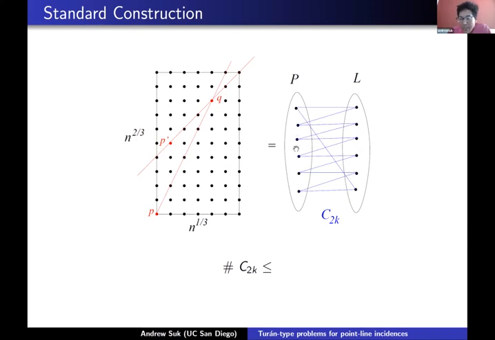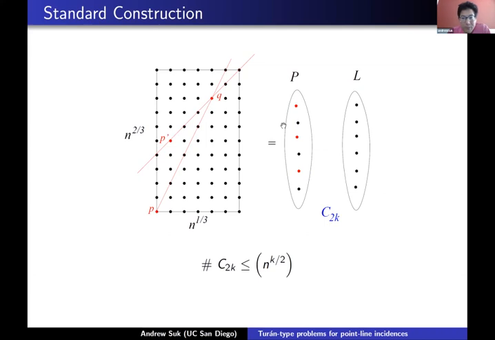On the left side, for these k vertices, if we just assume k is even, there are n to the k over 2 ways of fixing every other vertex here. And then if I look at two of these vertices, let's say p and p prime, how many choices do I have for this middle vertex q that has the property that there's a line going through P and Q and P prime and Q? Well, this is precisely that key lemma, that the number of choices for this vertex Q would be at most n to the 1/3.